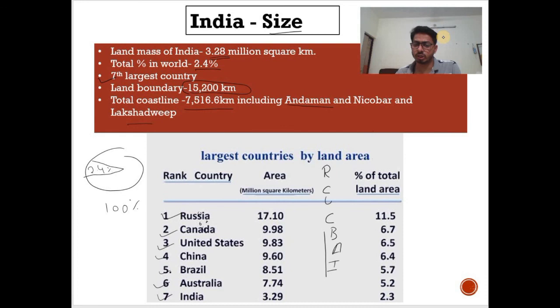R for Russia, C for Canada, U for United States, and then again C for China, B for Brazil, A for Australia, and I is India.